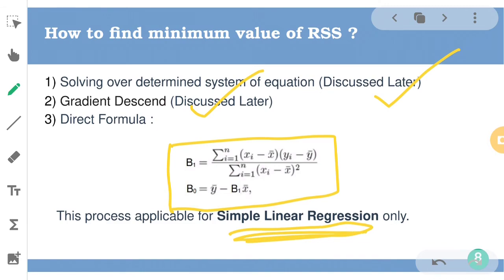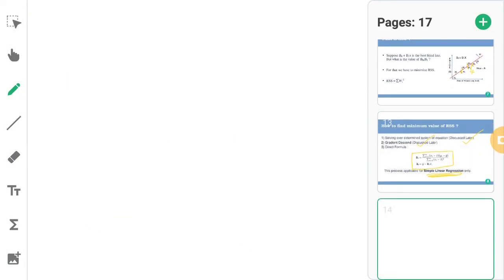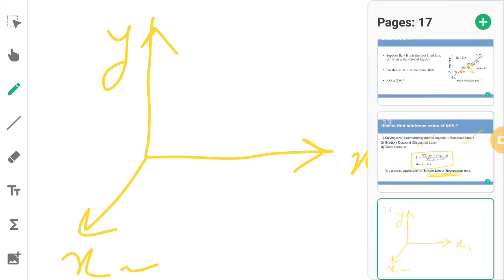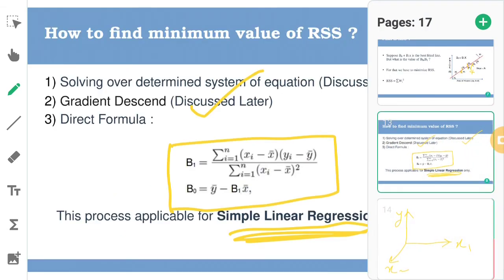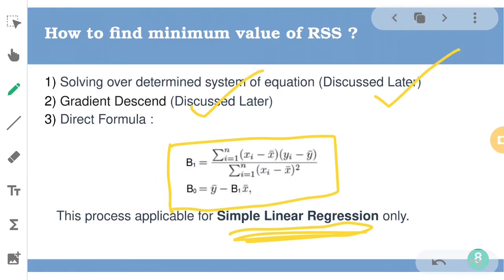Suppose this is x1, this is x2, this is y; here you can't use this formula directly.